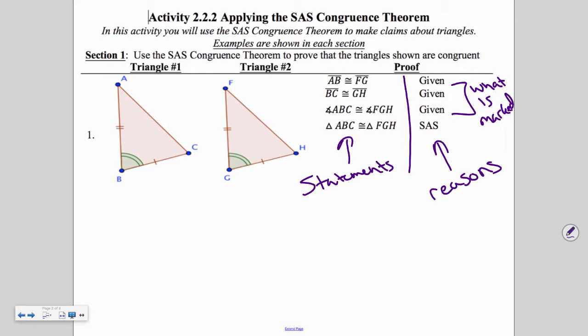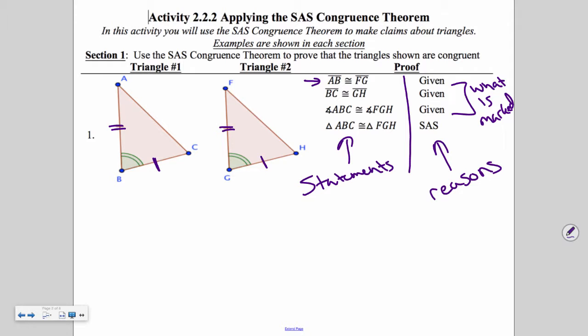So you'll notice that AB has these two tick marks and GF has those two tick marks. So I can say AB is congruent to FG because it's given. It's already in the picture. I then can say BC and GH are congruent because they also have that one tick mark.